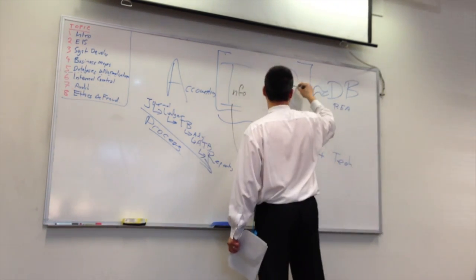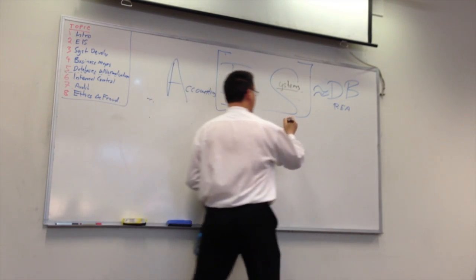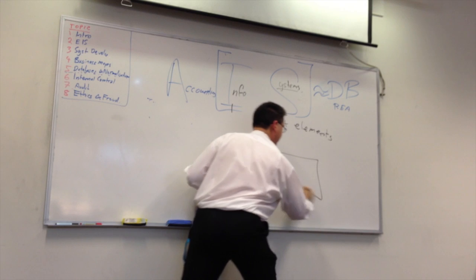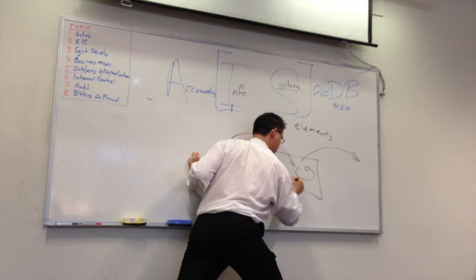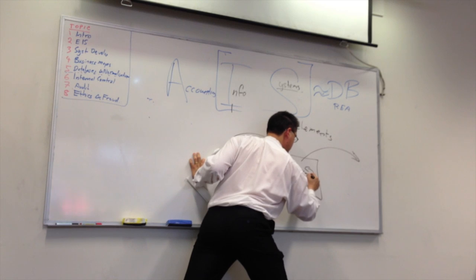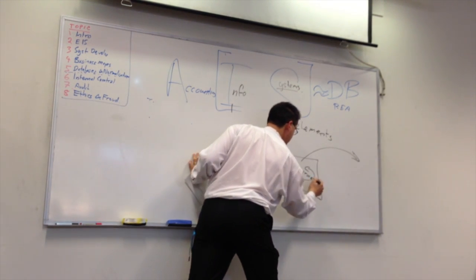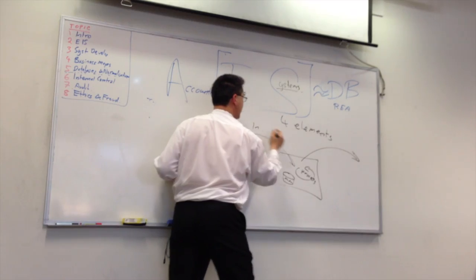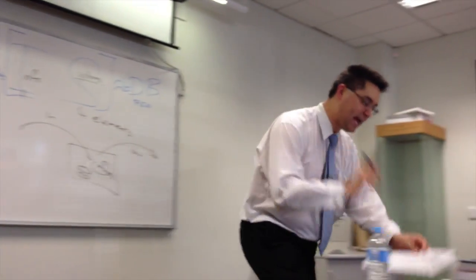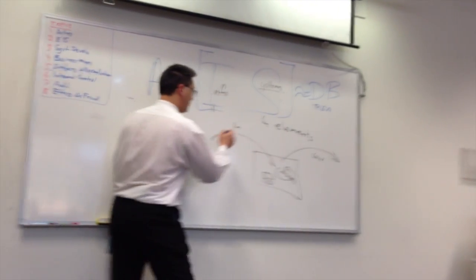Systems. Systems have 4 elements. And those 4 elements are input, storage, process, sometimes also known as feedback, and output: something in and something out. Now, conveniently enough, we have this exact same thing in Access. The inputs are called forms.